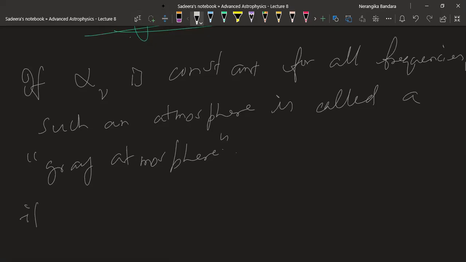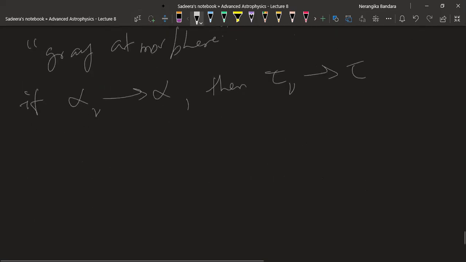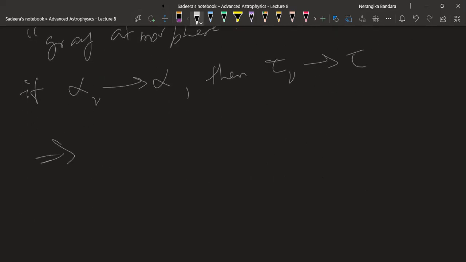So you can just say alpha_nu is alpha, because it's independent of frequency. If that is the case, then the optical depth, if you go back to its definition, is a function of alpha, so it's also independent of frequency. And this allows us to write down a previously written equation.